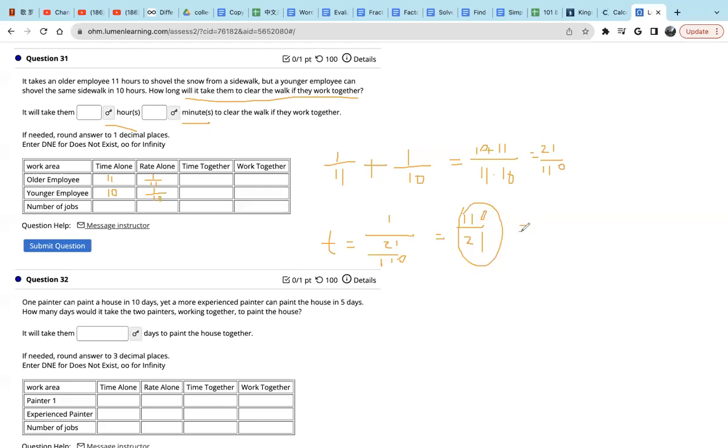So we can break 110 into 105 plus 5, then divided by 21. 105 divided by 21 is 5 hours. Then plus minutes, so I have 5 over 21 hours.